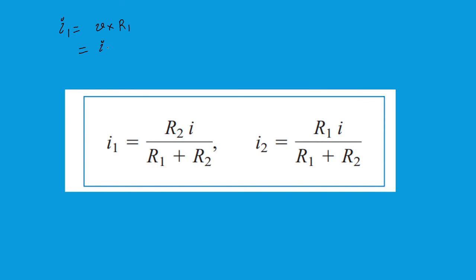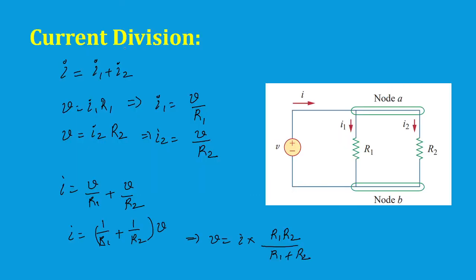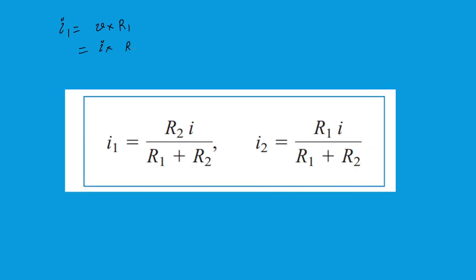So this is going to be I into R1 R2 by R1 plus R2, whole divided by R1. This R1 will get cancelled, so what you are going to get is simply I into R2 by R1 plus R2.